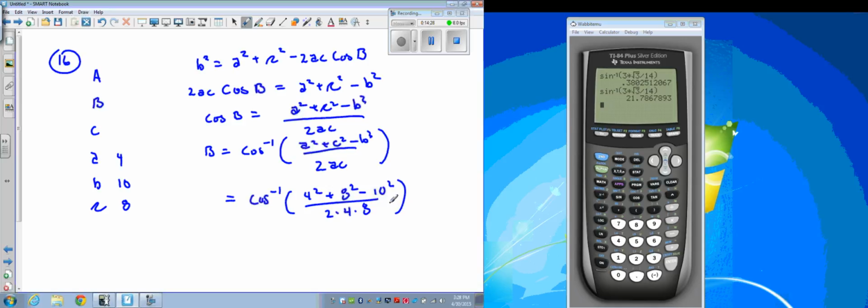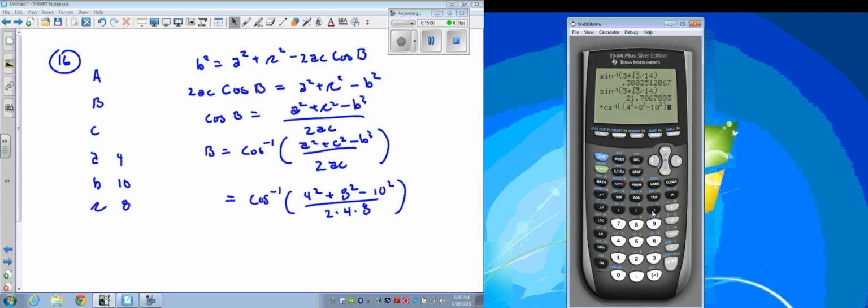If we do it that way, then it'll be the most accurate we can get it, right? 2 times 4 times 8. Okay, so second. Now we're going to have to put a bracket around that thing, right? Oh, yeah. So we've got to bracket it. Then we go 4 squared plus 8 squared minus 10 squared, close that bracket.